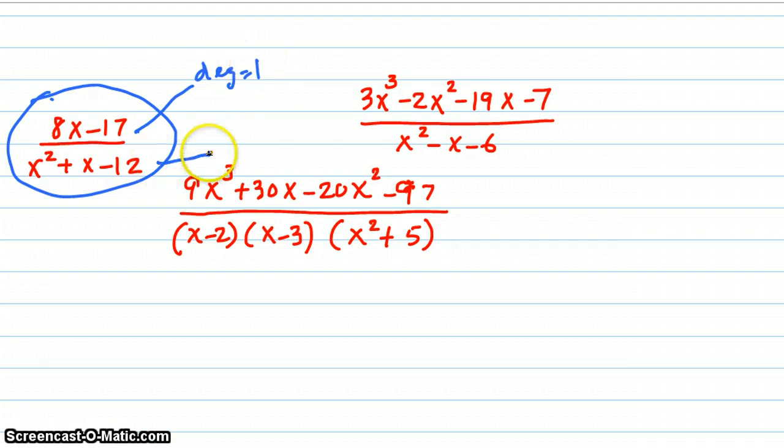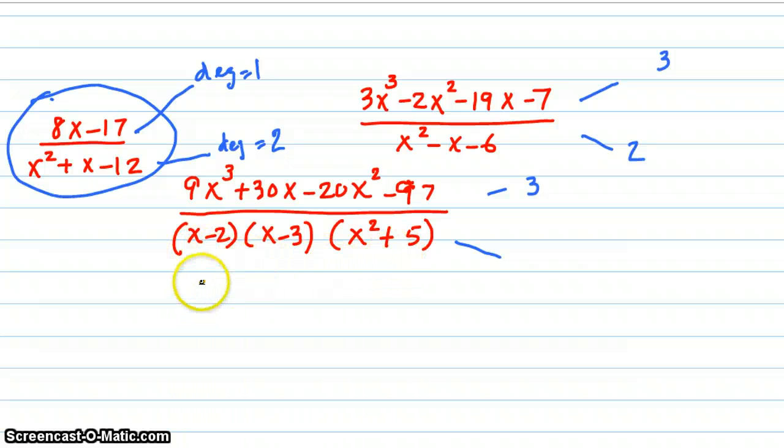What about the bottom? The degree is 2. How about here? 3 and 2 for the bottom polynomial. How about here? I see 9x cubed, that's the highest degree term, so the degree is 3. For the bottom polynomial, it's not straightforward. If I do the distribution, I'm going to have the highest degree term containing x times x squared. That would be x to the 4, so the degree is 4.